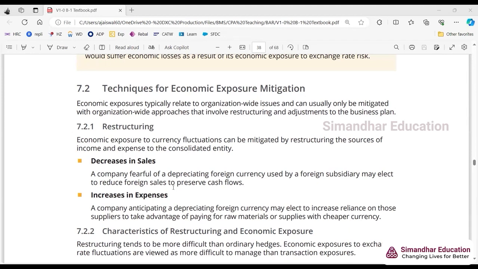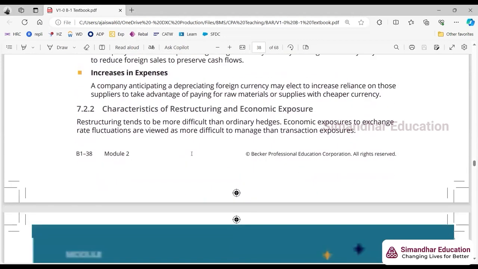They won't do that, generally, because these are strategic decisions, not only based on currency rates. So restructuring, changing our sales or expenses based on currency rates, is not going to work generally, but this is the option to mitigate any economic exposure that can happen.